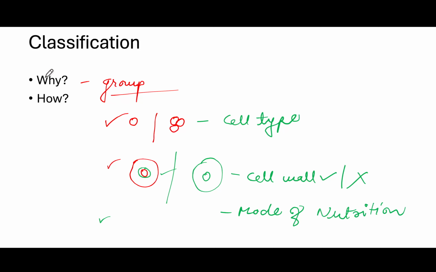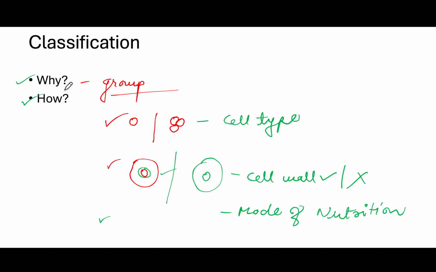So till now we covered why we require classification. We also covered how we can classify organisms. Now my third question to all of you is, who classified organisms first? There must be some scientist who classified organisms first, then another scientist, and the scientist whose classification system we currently accept.